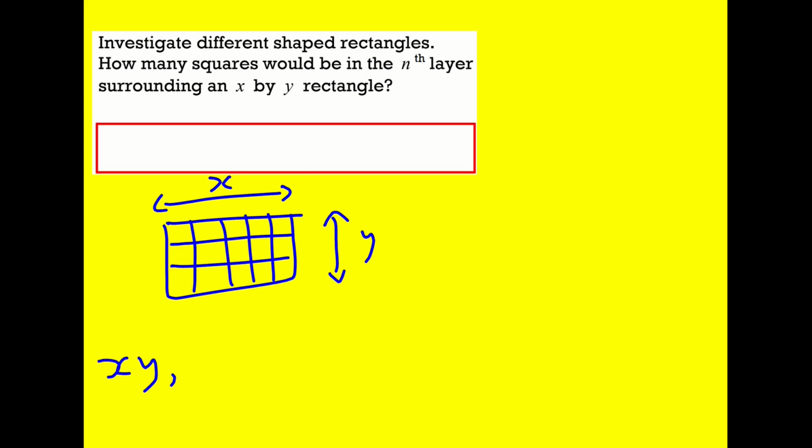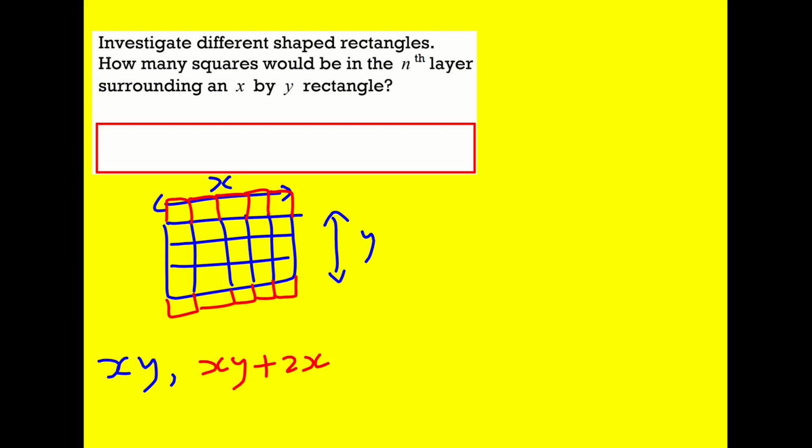Now, what happens if we go through one application of adding extra squares? Well, this is going to happen. I'm going to add on some squares along here, and there's going to be x lots of them. I'm going to do the same at the bottom, and there's going to be another x lots of them. So my second term is going to be xy, what I had at the start, plus 2x.